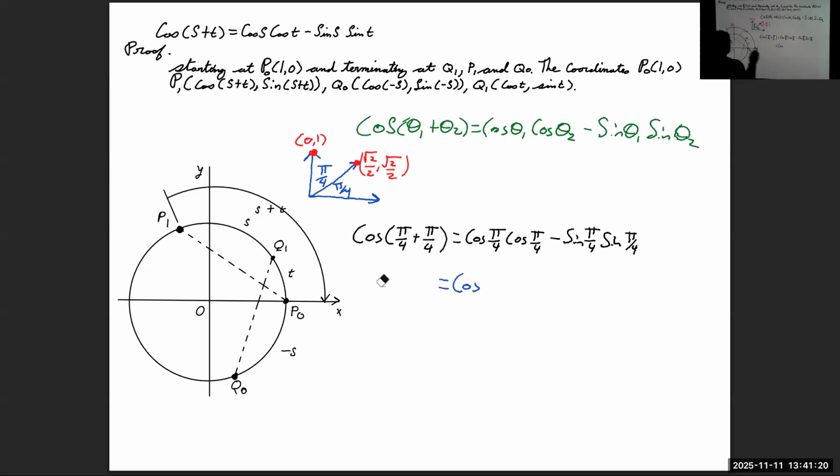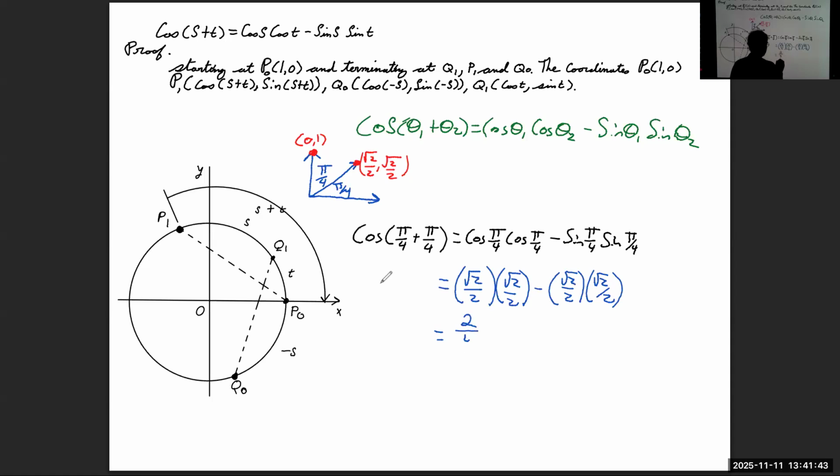Root 2 over 2. What does that equal? Root 2 times root 2 is 2 fourths. It's 1/2. 2 fourths, 0.